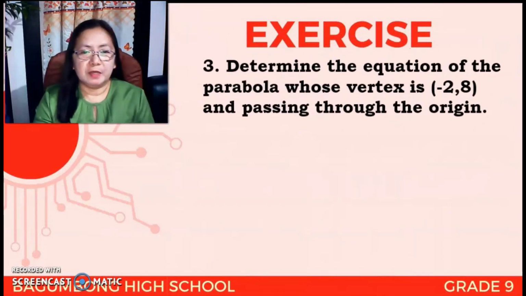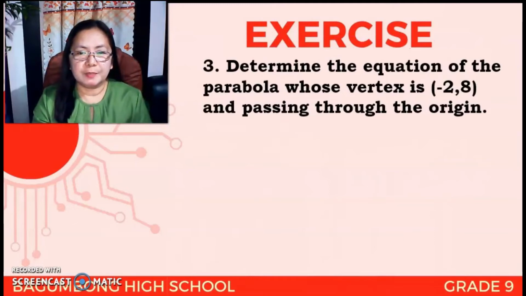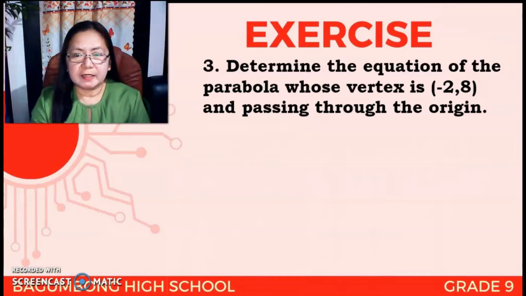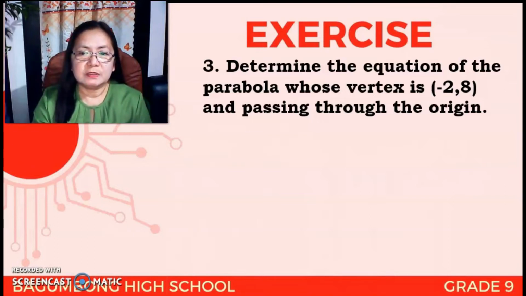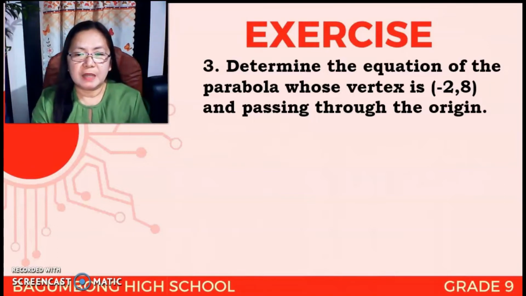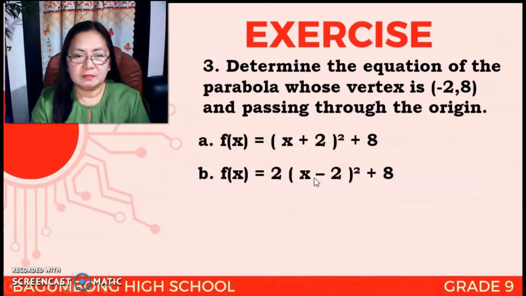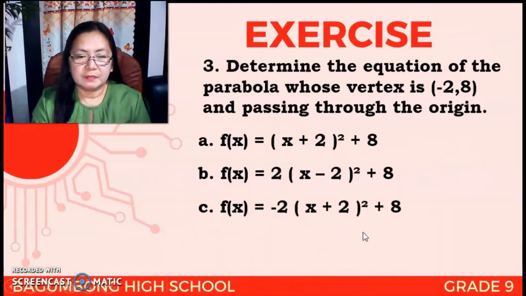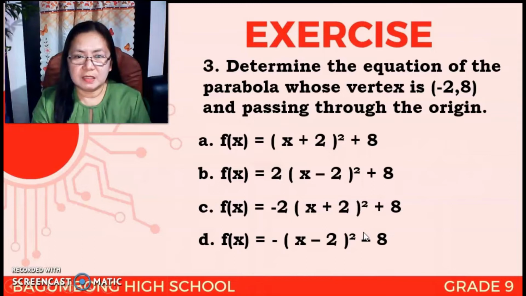Okay, third problem. Determine the equation of the parabola whose vertex is negative 2, 8, and passing through the origin. Is it letter A, letter B, letter C, or letter D?